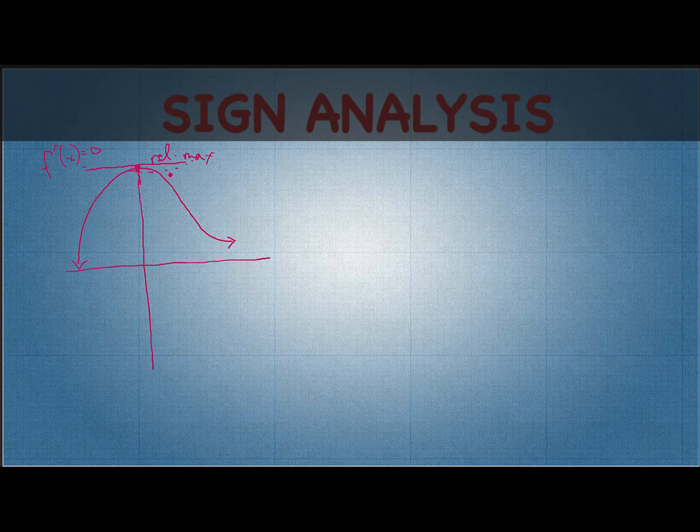Okay, but this point here, whatever point this is, it came from an x value from here, which is the critical number, and this y value here represents the ordinate of this critical point. Okay, so our job here is to analyze the sign of the derivative on the left of this critical point and to the right of the critical point. Notice that on the left side of this critical point, say this is our critical point.